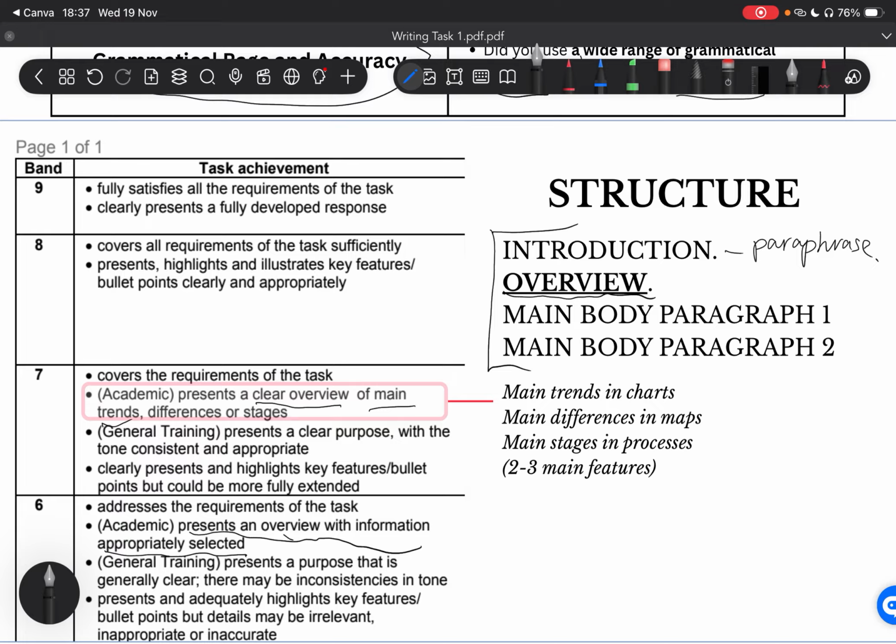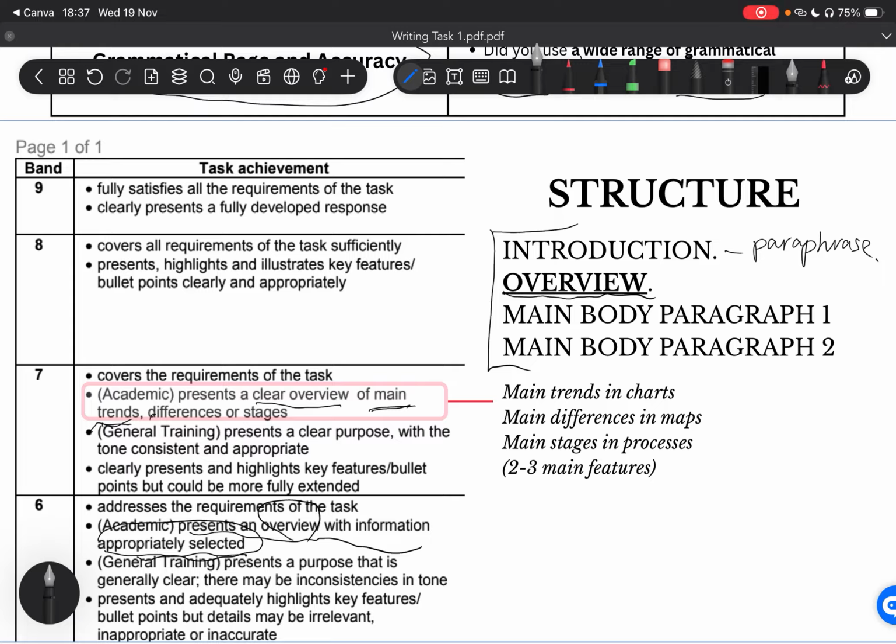You may write an overview with information appropriately selected, meaning you give main features. I mean, you make notes of some features, but to get band 7, you have to have main trends.